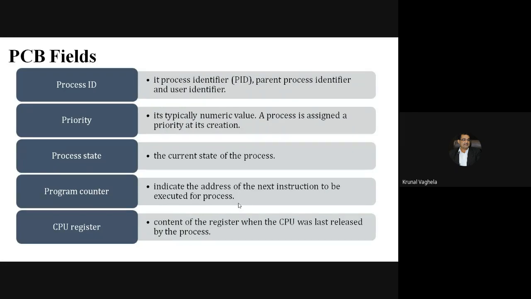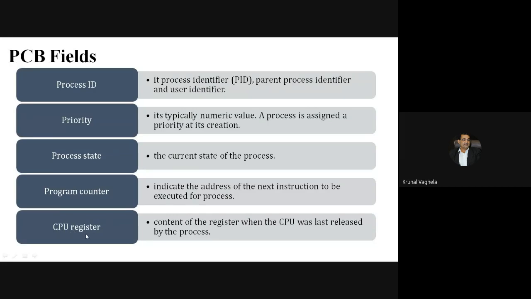The processor will check the program counter, take the address, go to that address and execute the next instruction. When the processor is executing, the next instruction address is stored in the program counter. From the name you can understand it is a counter, so it will get incremented one by one. The processor will take that address and execute the instruction at that address.